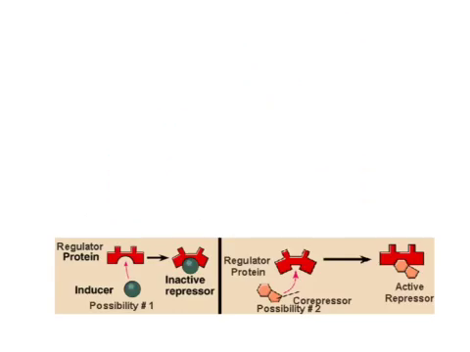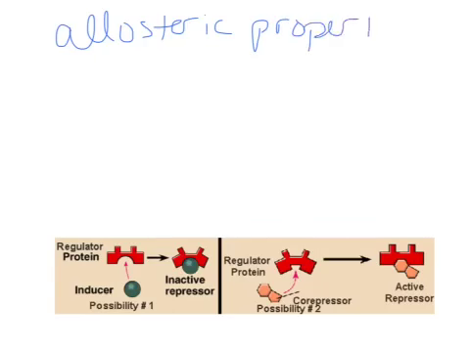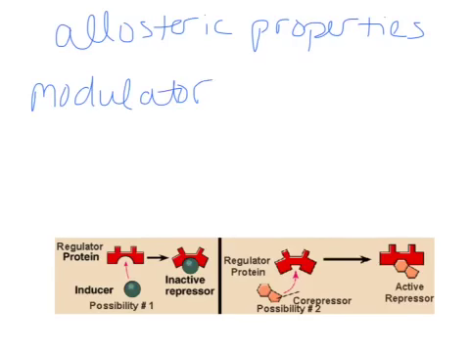So many of your repressors are going to have allosteric properties. We've talked about allosteric properties when we talked about enzymes. A lot of your repressor proteins are going to have a modulator associated with them, and that modulator is going to bind to the receptor at an allosteric site. Remember, the allosteric site was where something bound to an object.